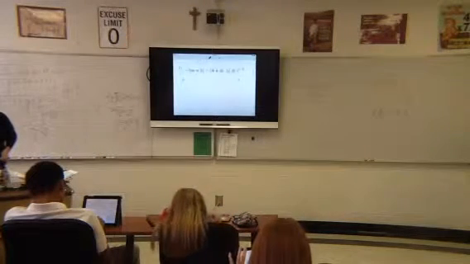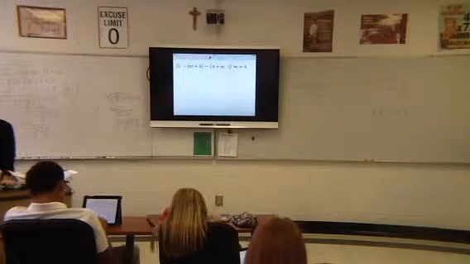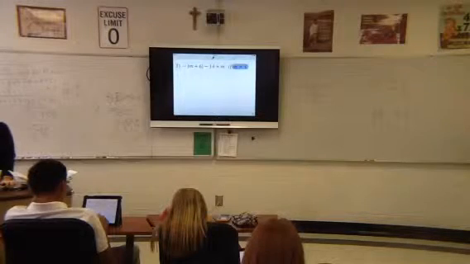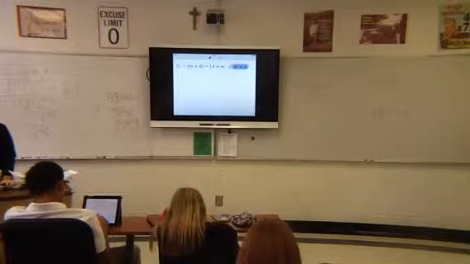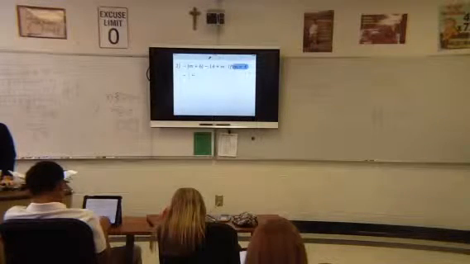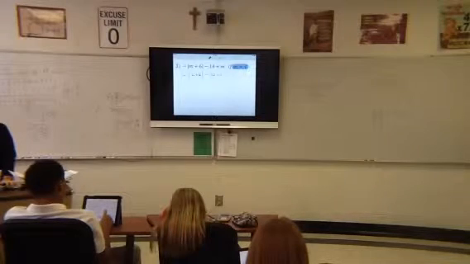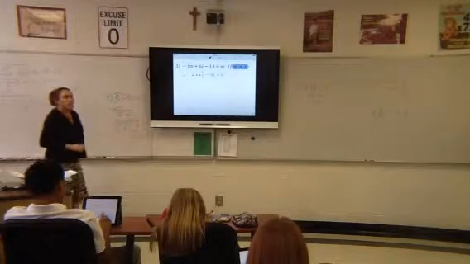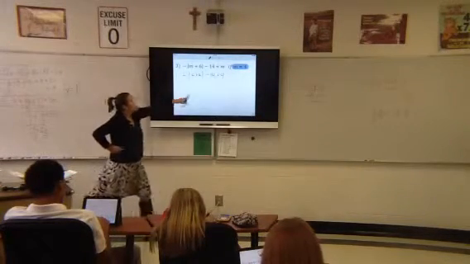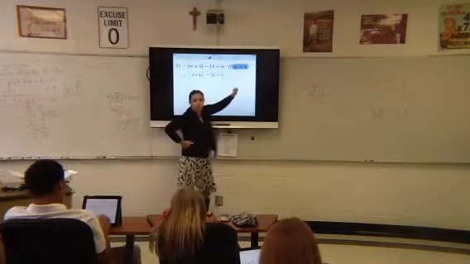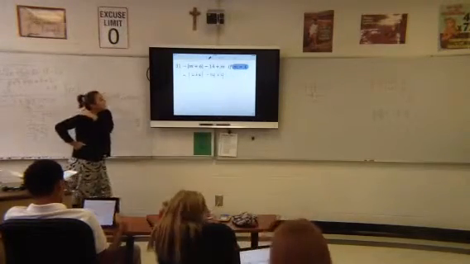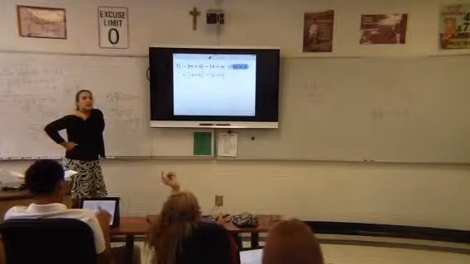On number 3, you're going to have to plug in the letters. So you're going to plug in the 4 first. So I've got negative absolute value of 4 plus 6 minus 14 plus 4. Everybody good on that first step? Where did you get 4? It tells me that m equals 4. Okay, I didn't see that, it's okay.